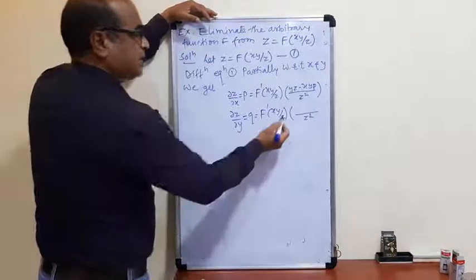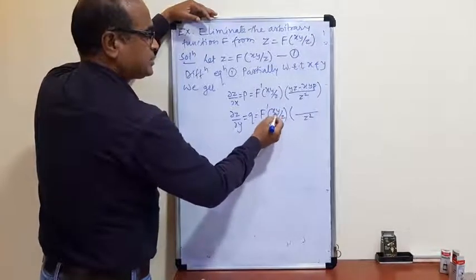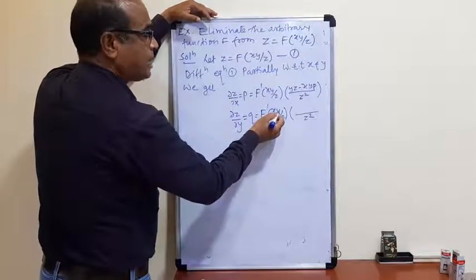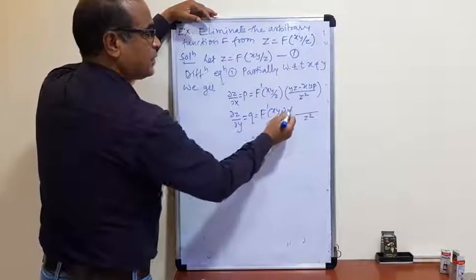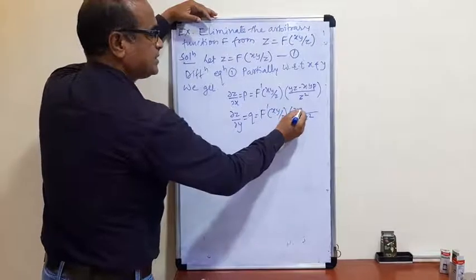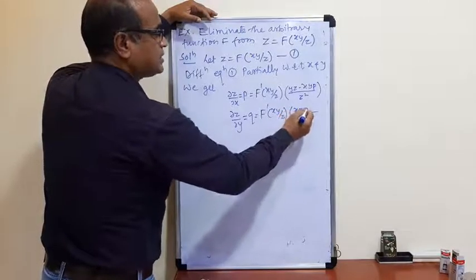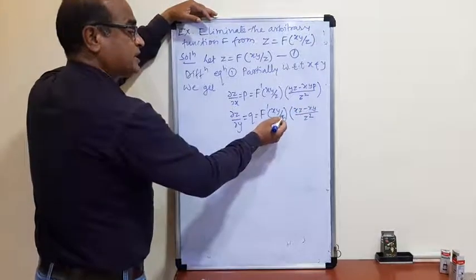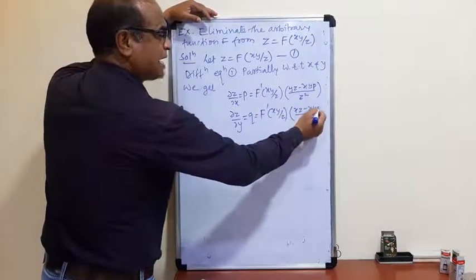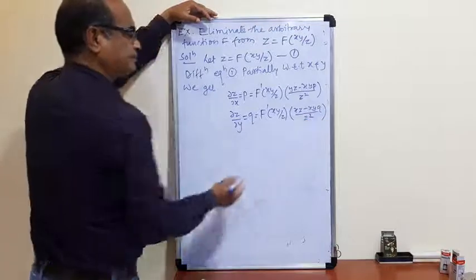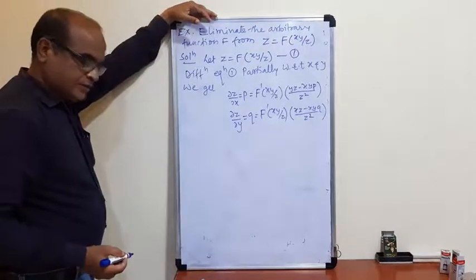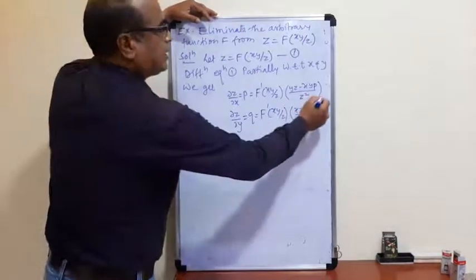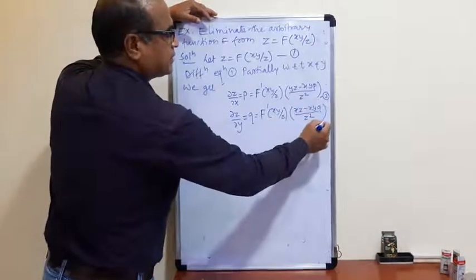Then derivative of xy with respect to y, keeping x constant: derivative of y is 1, so x, z as it is, minus xy as it is into derivative of z with respect to y, dou z by dou y, that is q. Okay. So we get these two equations here. So this equation is 2 and this is 3 here.